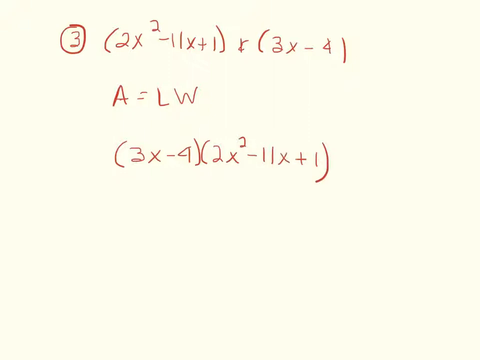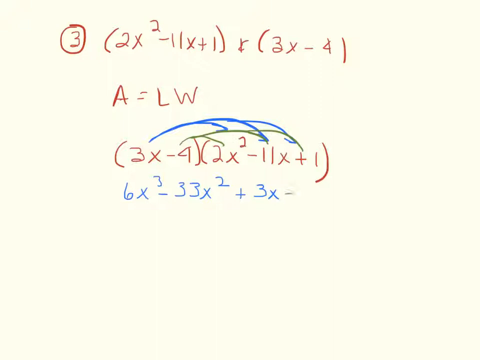We'll walk through it here. So I'm going to take the 3x and distribute it. That'll give me 6x cubed minus 33x squared plus 3x. Then I'll take the negative 4 and distribute it.